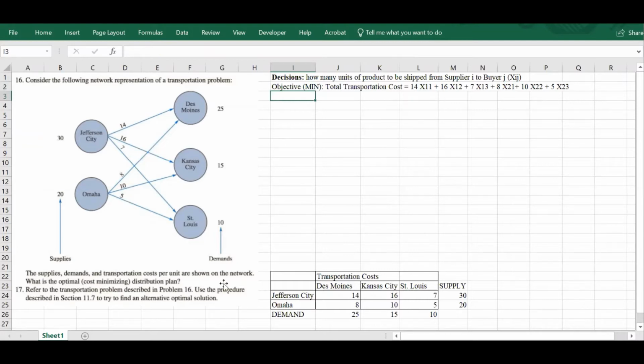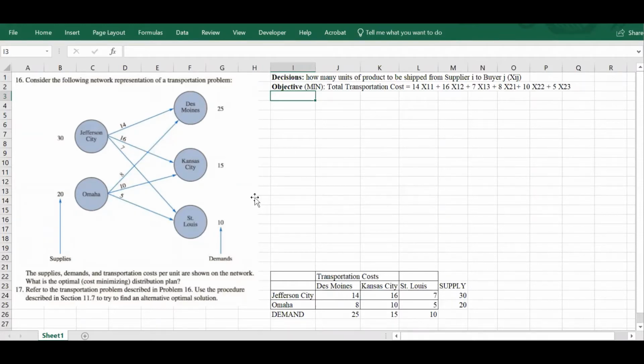All right, so 14, 16, 7, 8, 10, and 5. All right, so that's for the objective function. Next, subject to, we have supply constraints and we have demand constraints.